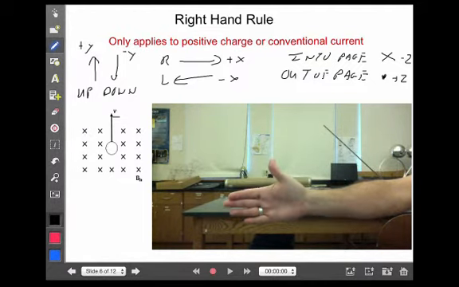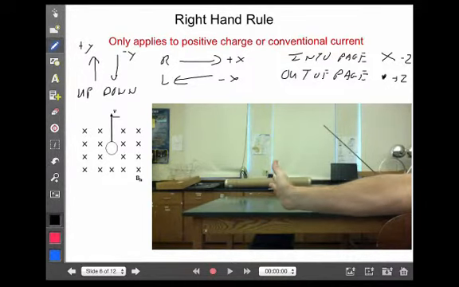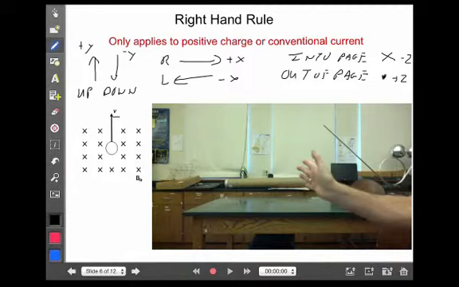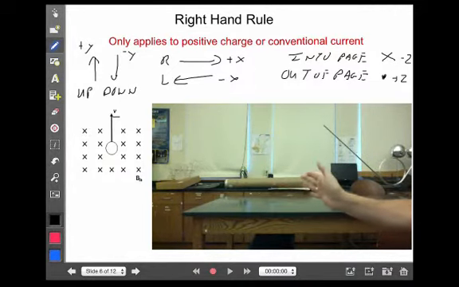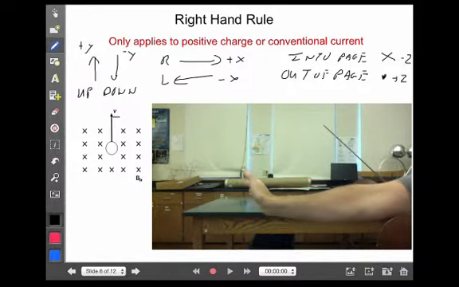Now, my field is going to point into the paper, so I've now got to turn it so it's pointing into that paper. And when I do that, I find that I have to push to the left. My palm will push to the left.